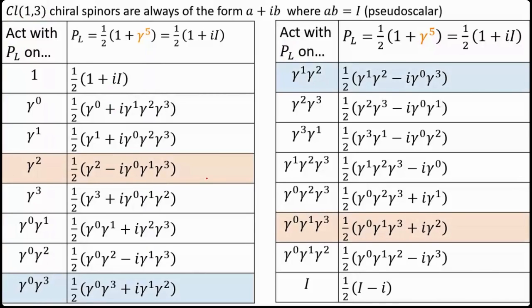I think there's some repetitions, so this and this are the same, up to a factor of -i. And I think this and this are the same up to a factor of -i. So even though there's 16 basis vectors here, you get repetitions, so you only end up with an 8 complex dimensional space when you use the left chiral projector.